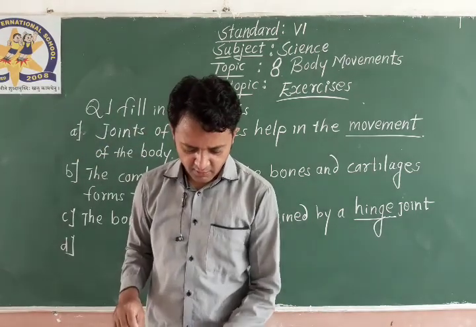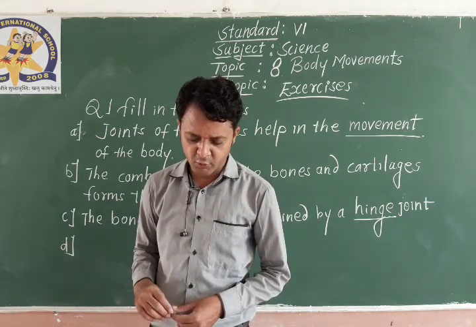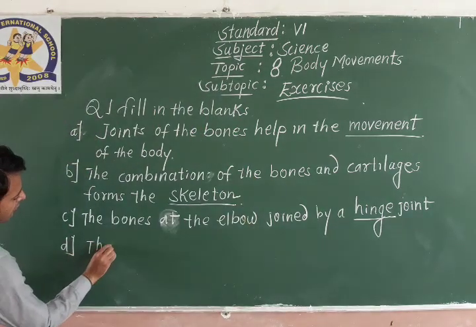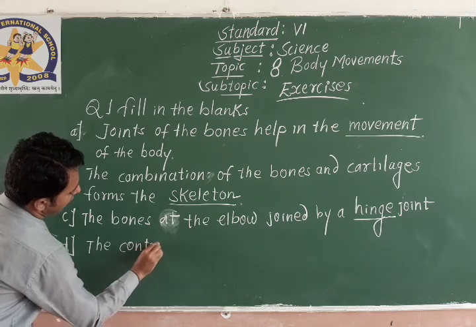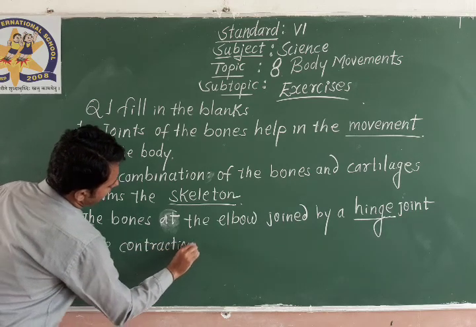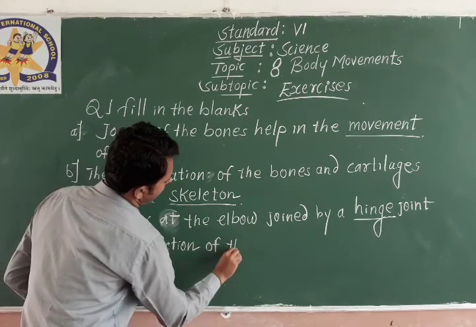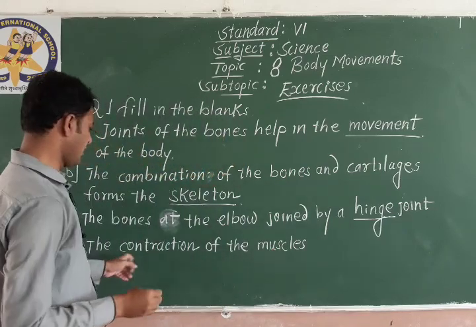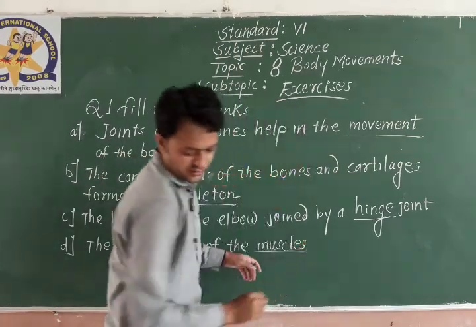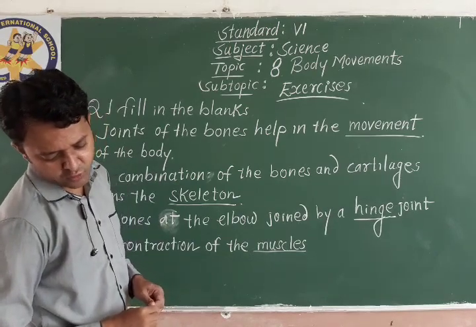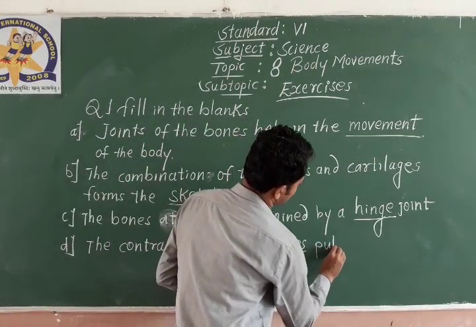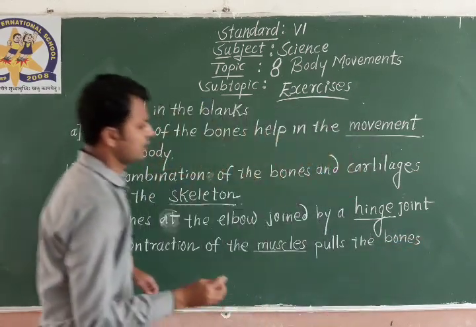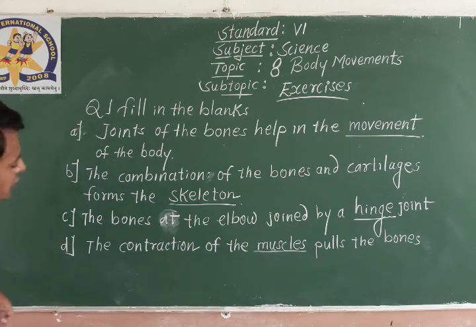And number D, the last fill in the blank. The contraction of the dash pulls the bones during movement. The contraction of the muscles is the answer, as it pulls the bones during movement.